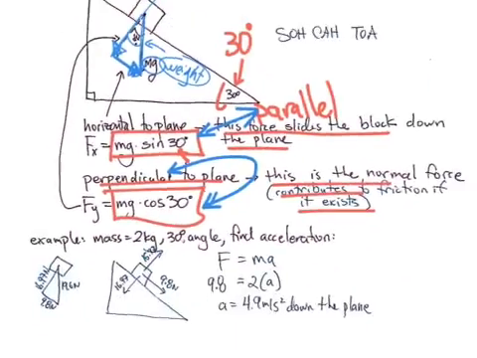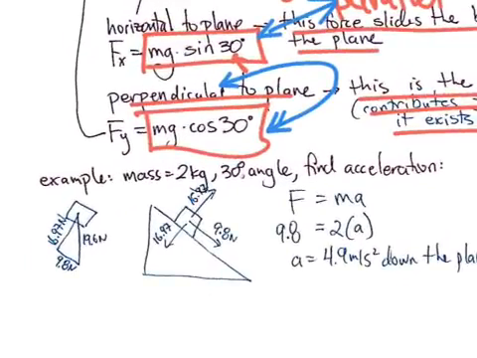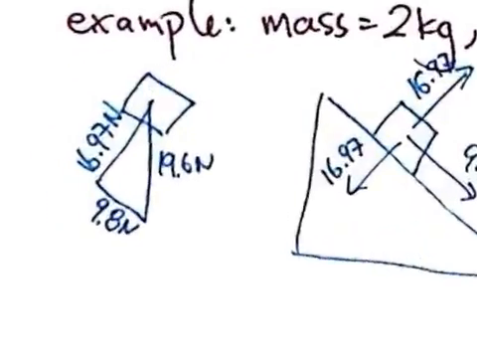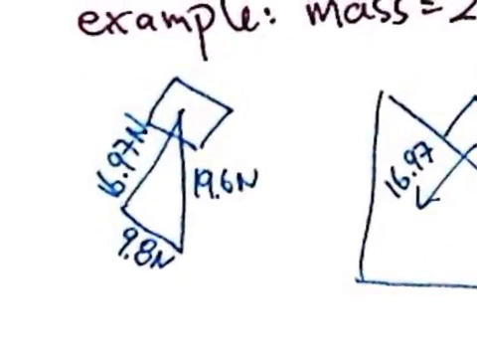So once we have figured that out, here's our example. We've got a 2 kilogram mass, a 30 degree angle, and it's frictionless, and we're going to find the acceleration. So, SOHCAHTOA, here's the weight. A 2 kilogram mass is 19.6 newtons, 2 times 9.8, and we have a 30 degree angle.